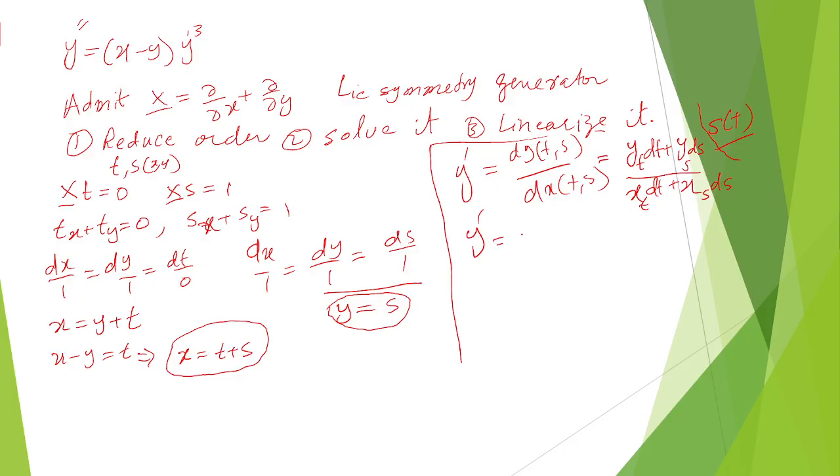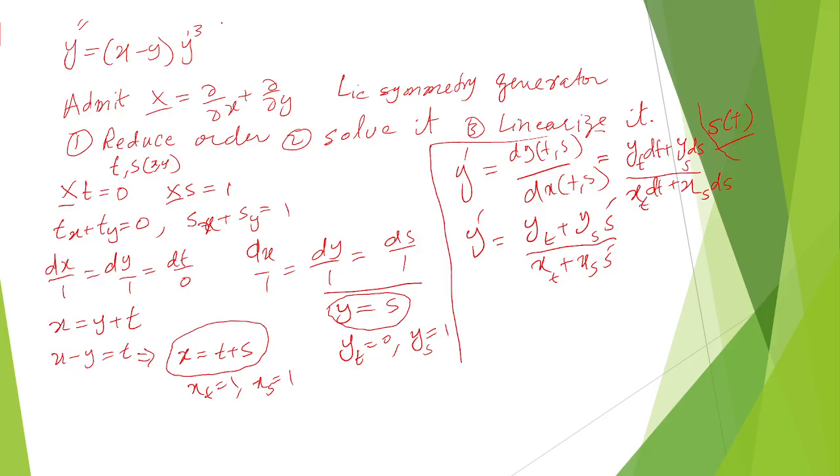It can be written as y_t plus y_s s dash over x_t plus x_s s dash. From here y_t is 0 and y_s is 1, and from here x_t is 1 and x_s is 1.